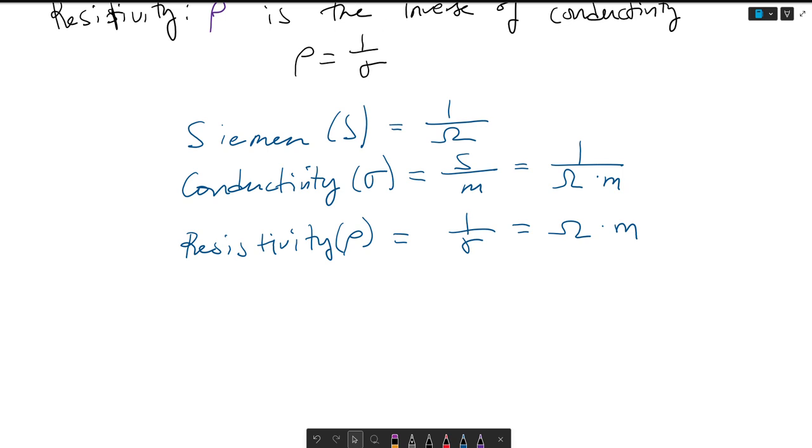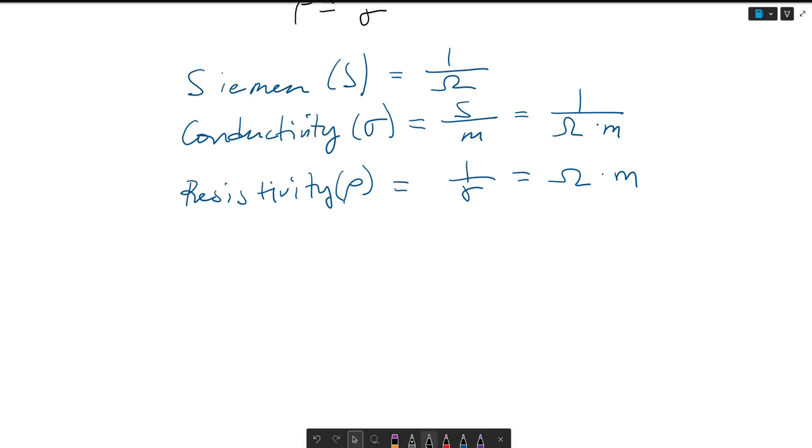Some material classifications are, so for conductors, we want something that can easily attract electrons. So these are primarily metals.